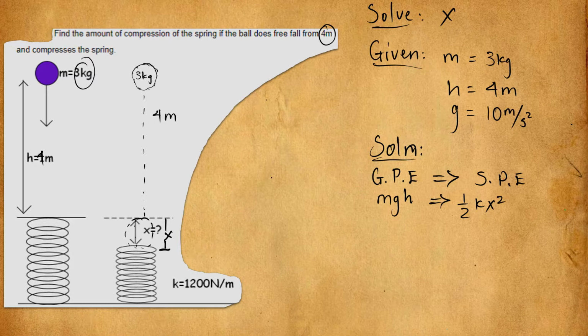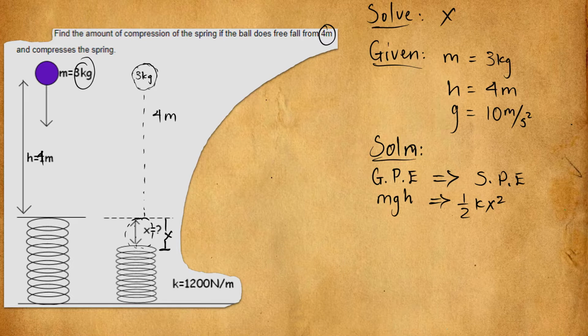So what's k? K is the spring's constant value. Each spring has its own constant value, and k is like the stiffness of the spring. You know, if the spring is very hard to compress or to pull, then it must have big stiffness or some kind of force.